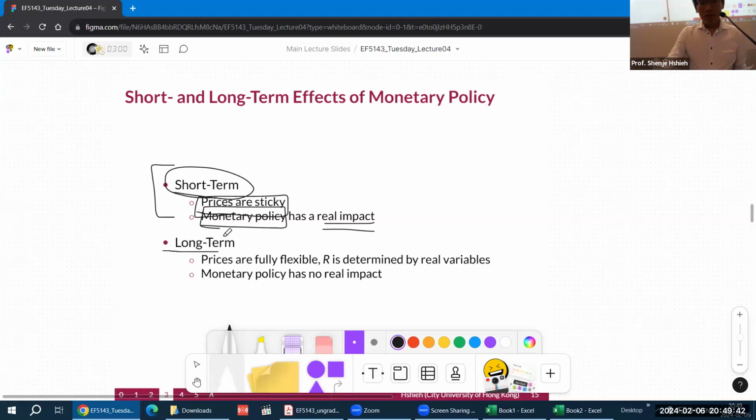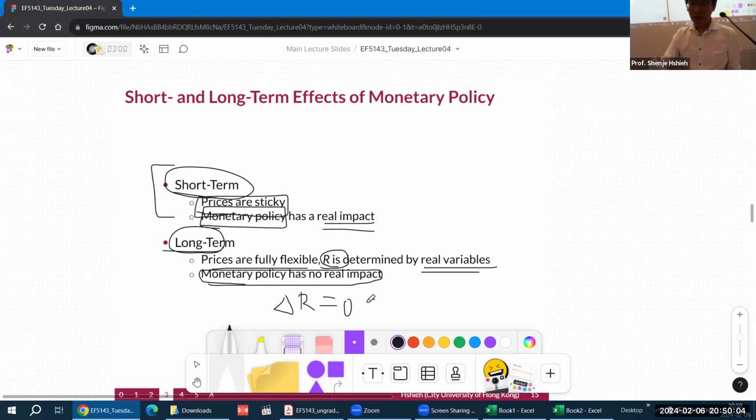In the long term, prices become flexible, meaning that R will be determined purely on real values, as you'll see what that means, and therefore monetary policy has no real impact. In other words, R doesn't change even if there's a change in MS. Why?